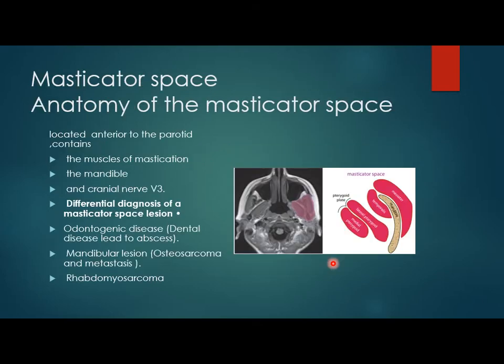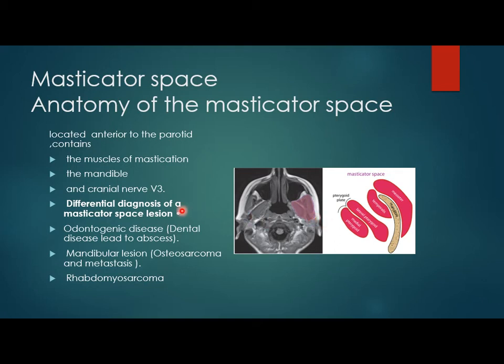We have spaces. These spaces are important to add to the differential diagnosis of disease and to make differentiation between diseases easier. We have the masticator space, located anterior to the parotid gland. This space contains the muscles of mastication, like masseter, temporalis, medial pterygoid, and lateral pterygoid muscles, with the mandible.